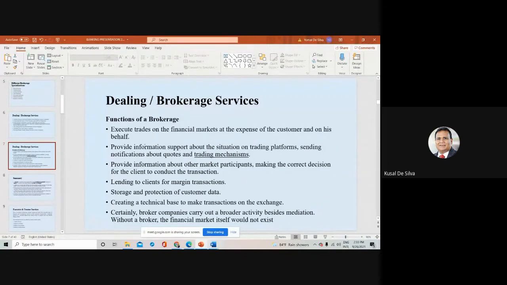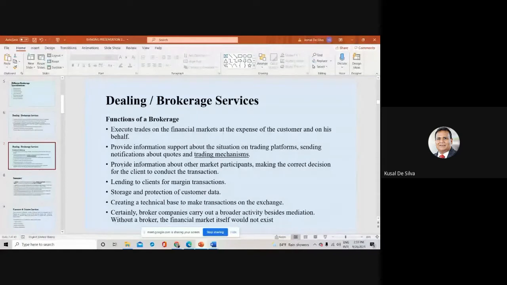You need to have an RIA as well to share certain opinions, provide information about the market participants, making the correct decisions for the client to conduct transactions, then lending to clients for margin transactions, storage and protection of customer data, creating a technical base to make transactions on the exchange.